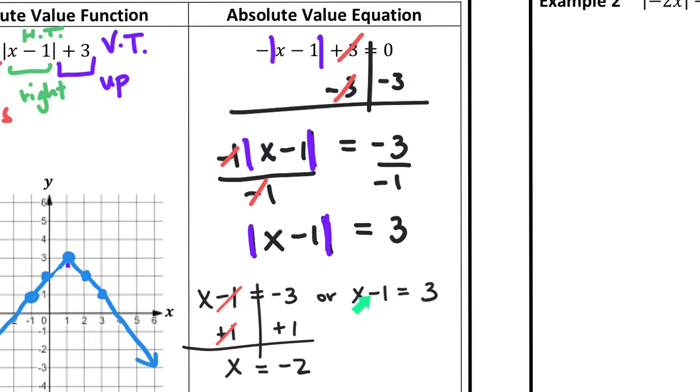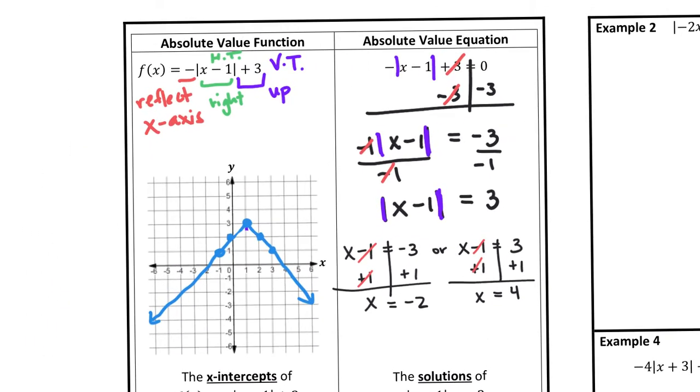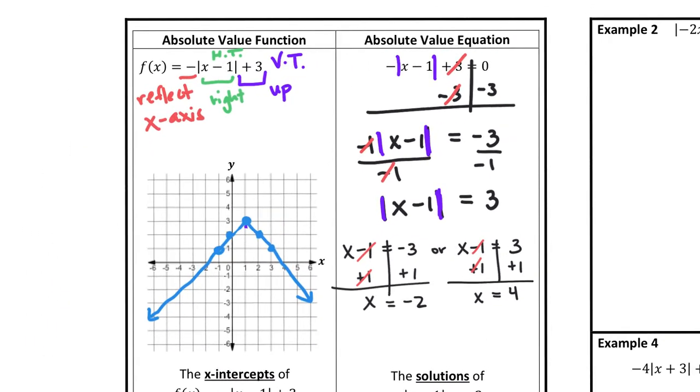I want to get x by itself. What's the opposite of subtracting 1? Adding 1. So we're going to add 1 on both sides. And we get x equals 4. All right, so I've solved for those two equations.